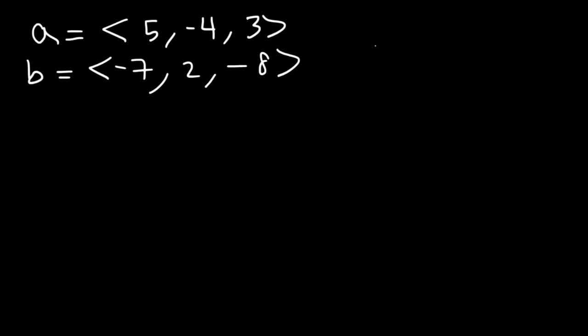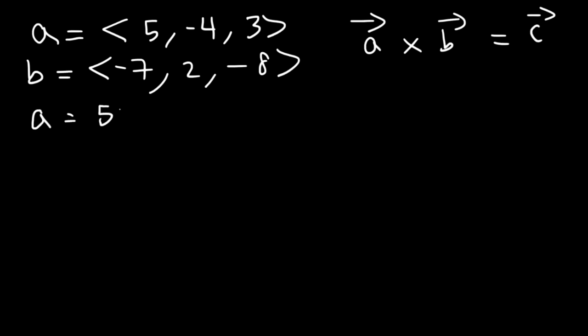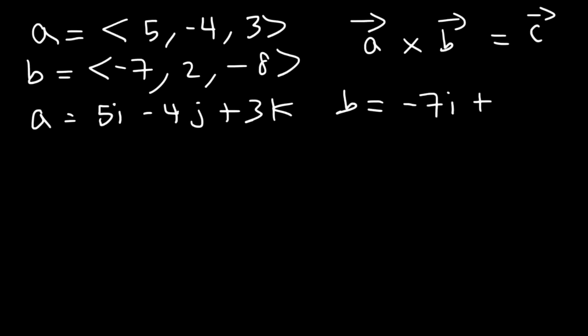Find the cross product of vectors A and B. And let's call that answer vector C, which we know is perpendicular to both A and B. So if you see it in this form, just keep in mind A is the same as 5i minus 4j plus 3k. And B is basically negative 7i plus 2j minus 8k. So the work is going to be the same.